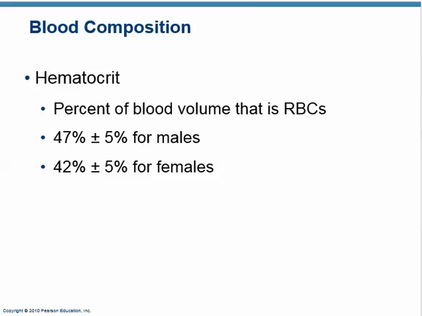So one of the fundamental things that we measure in blood is how much of that blood is made up of red blood cells. And we call that measurement hematocrit. I prefer just to say it's 45%, give or take, 45 to 50%. It's a little bit lower in women than it is in men.